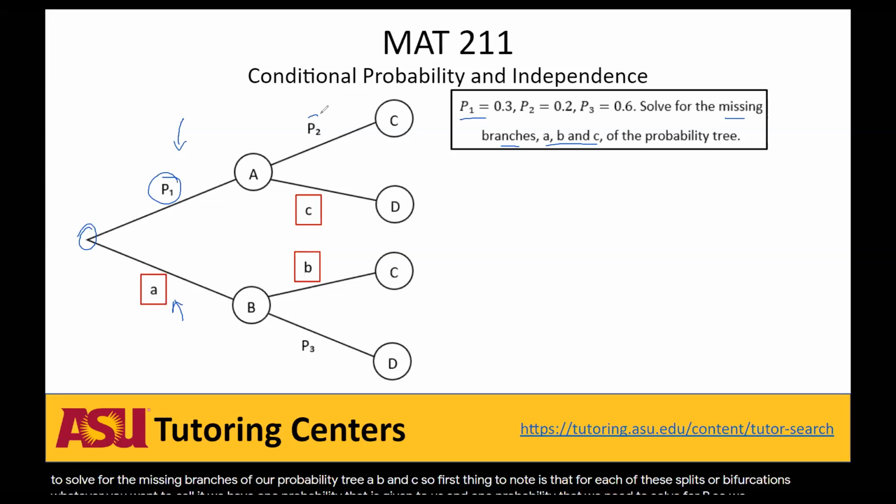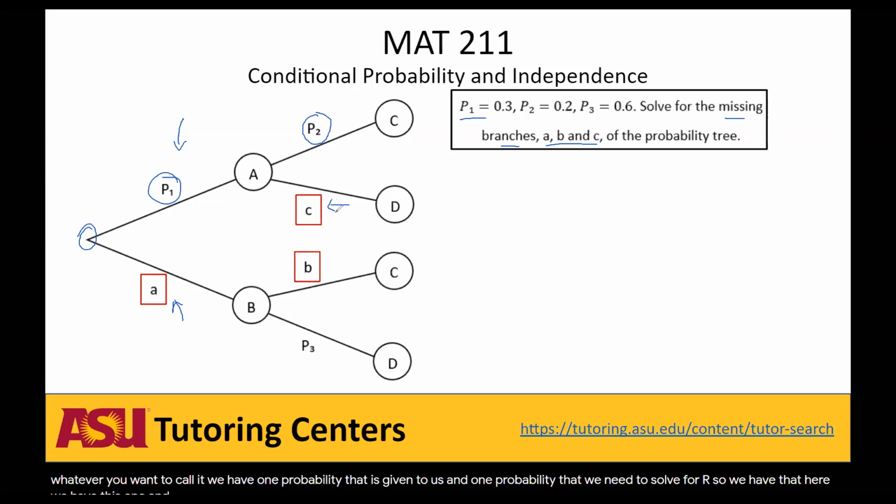So we have that here, and we need to solve for this one for this bifurcation. And we have P3 here, and we want to solve for B at this bifurcation.